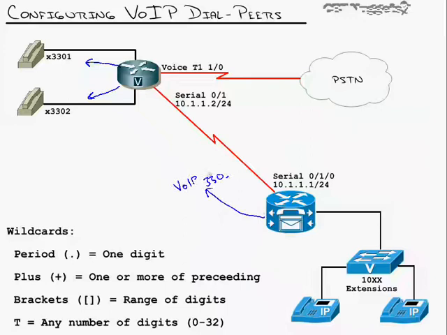That was our destination pattern, to say anything with 330, send it up to 10.1.1.2. And we went to this router and set up a voice over IP dial peer to say anything with 10 dot dot, send it down to this router. And we placed calls, testing communication between these two routers, and they were communicating just fine.